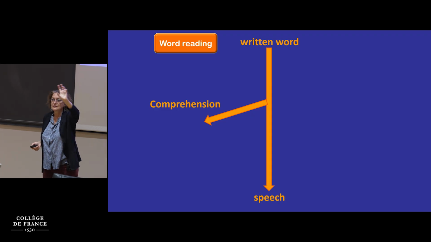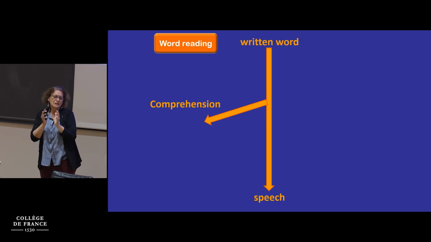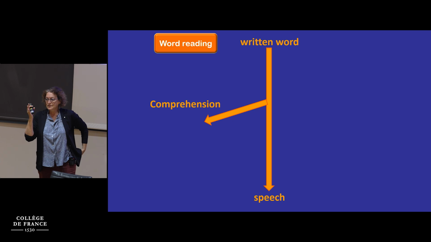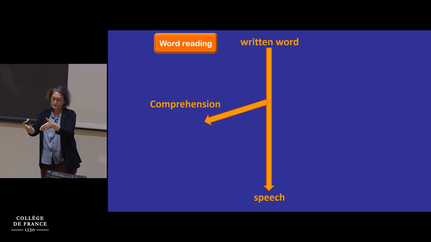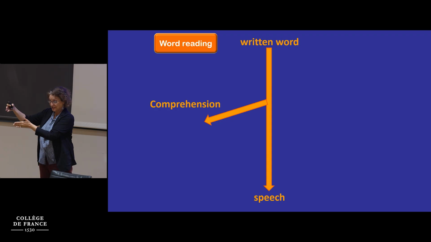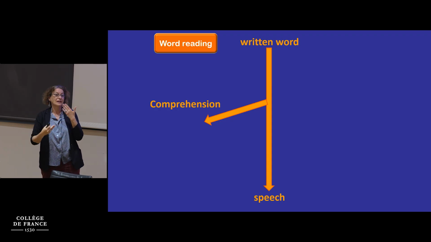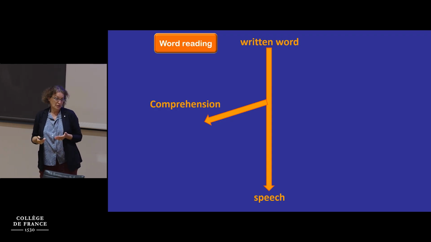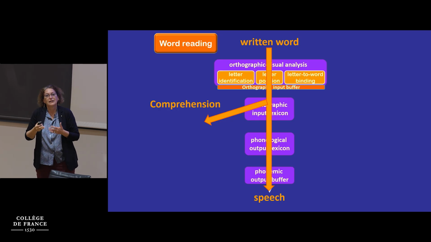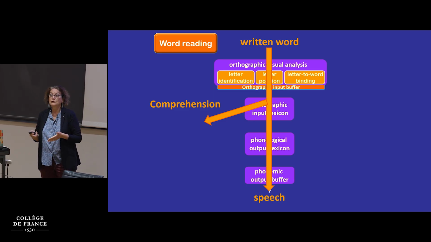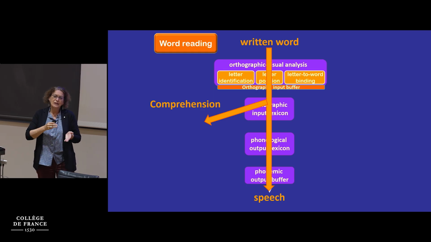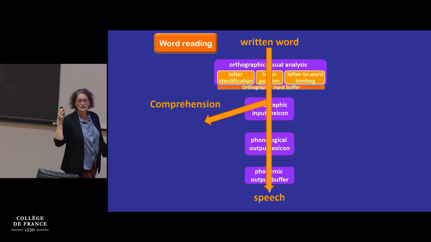reading, it's a process that starts, and I'm talking about reading single words and single non-words. We start with a sequence, a written sequence, a written word, and then we get to understanding it and to saying it out loud. So it's a process that has several stages. So for example, when we read a written word that we know, we have to identify which letters are there, what is their order.